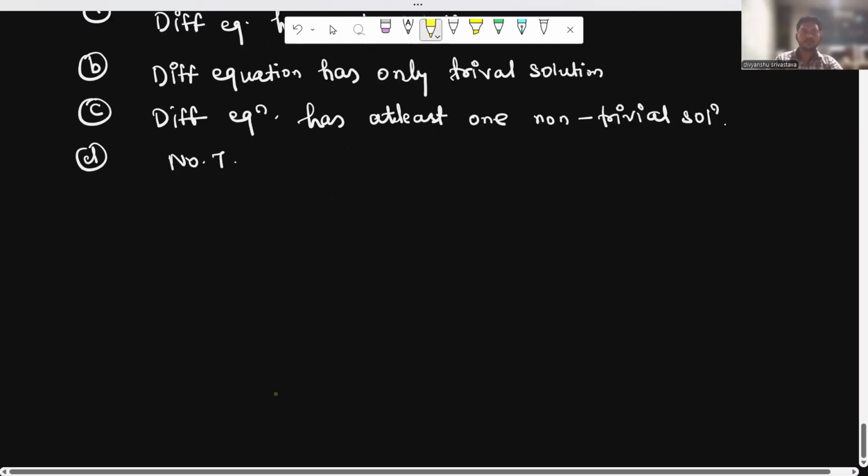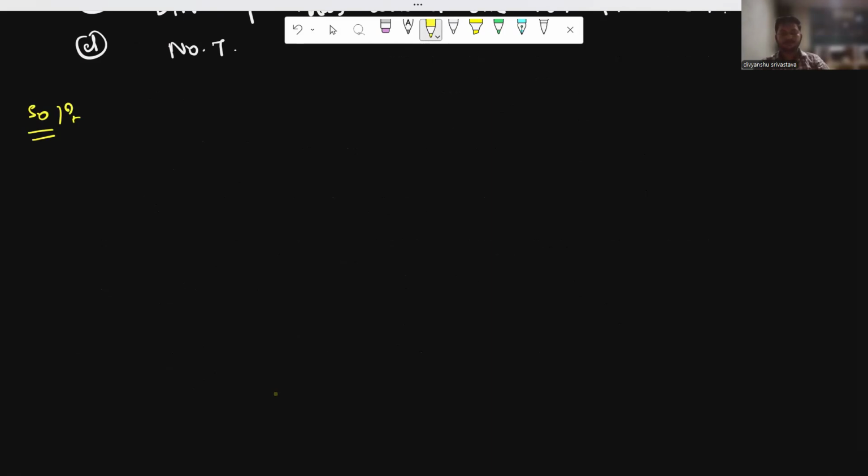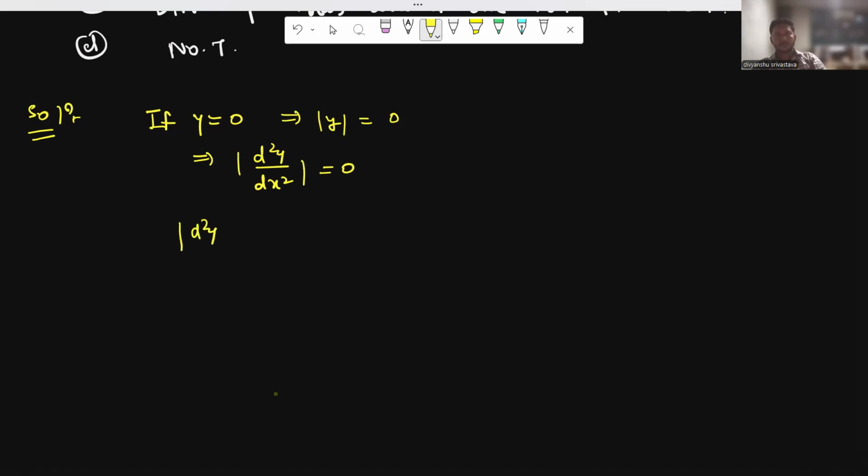Okay, so here is the solution. These are GATE questions. In the solution part there are two things. If y is equal to 0, then the modulus of y is equal to 0, therefore this implies d2y/dx2 is also equal to 0, and you have a differential equation like this: d2y/dx2 plus modulus of y minus 1 equal to 0.